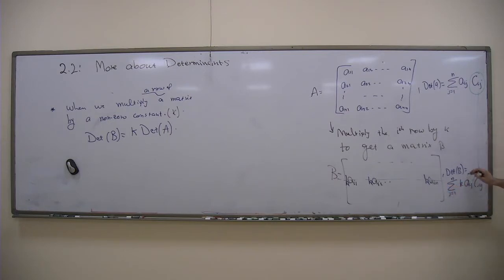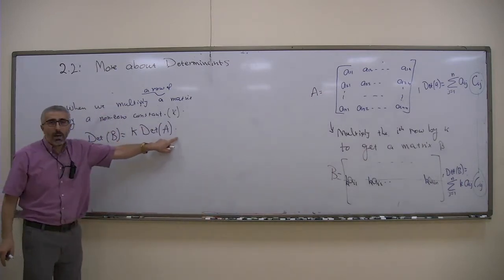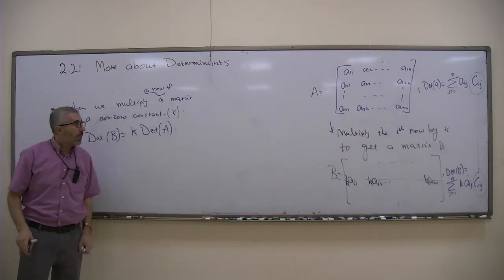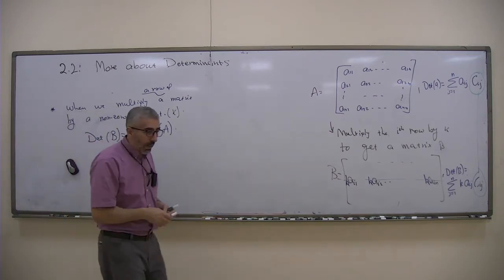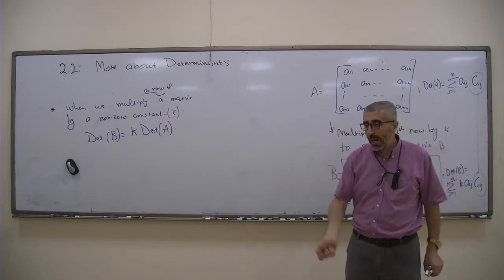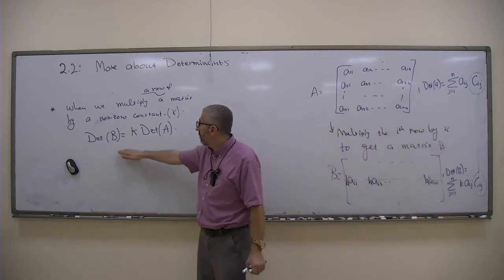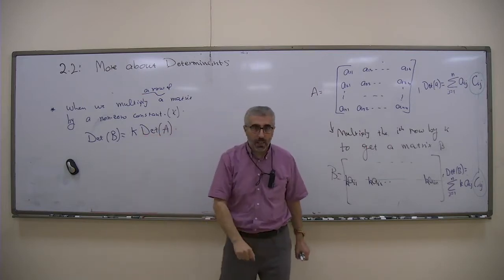So if you relate this with this, the difference between them is this k. So determinant of B is going to be k multiplied by this quantity, and that's exactly what I have here. Determinant of B is k multiplied by determinant of A. So that is a very good fact we got. If you multiply a row of a matrix by constant k, then the determinant of the new matrix is going to be the determinant of the old matrix multiplied by k.